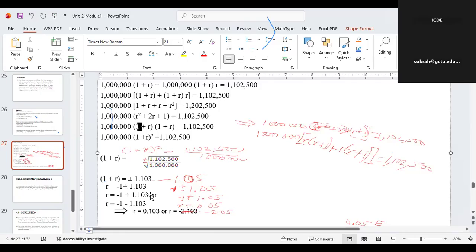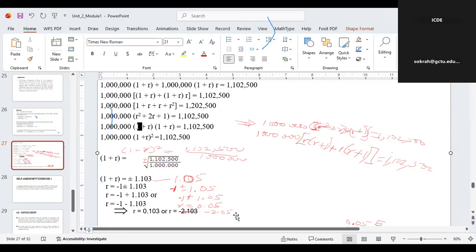Okay, so that is if you take the positive side, we'll get what? 0.05, sorry, for the R. And if you take the negative side, then it is going to be what? -1 minus what? 1.05. And that will give us -2.05 as the rate.